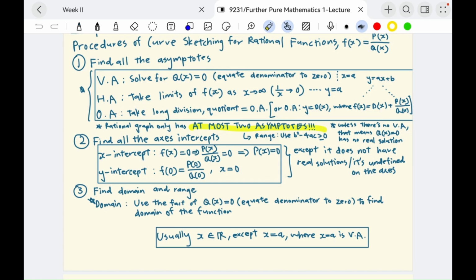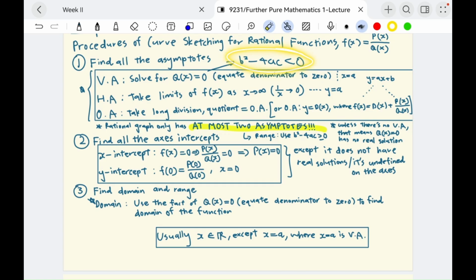So here is the strategy you can take. You can use b squared minus 4ac and solve for it. By right, the discriminant value is less than 0. And then explain why the RF does not have a VA, because Q(x) equals 0 can't be solved, by referring to the denominator.